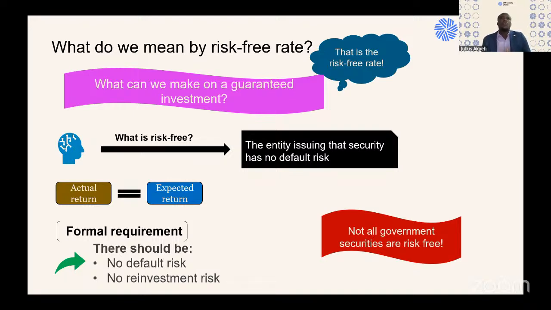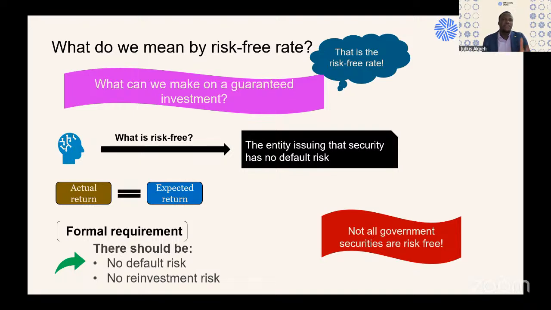And we experienced an event in Ghana, right? In 2022, 2023, where we had the domestic debt exchange program. The government defaulted. Now, a default event can occur in several ways. The restructuring of the existing instrument or of the debt constitutes default.